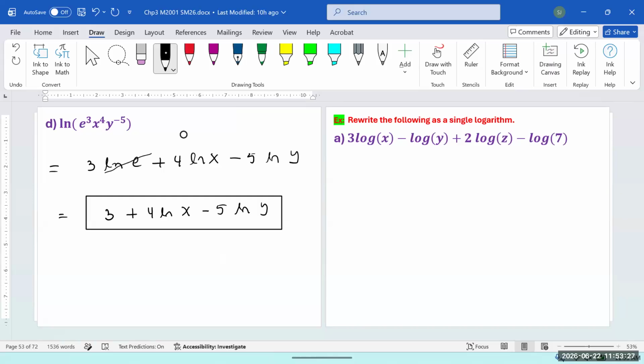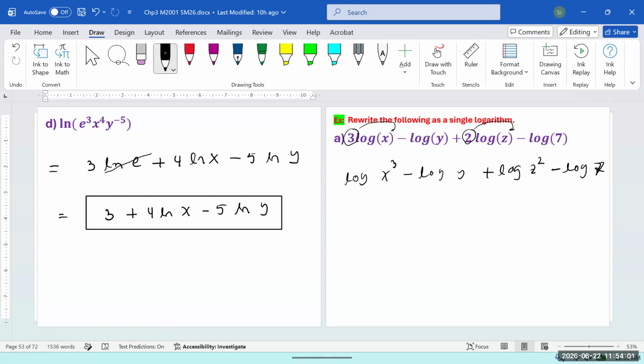So first of all, we cannot have any coefficients. The coefficient turns into a power. So we'll move this 3 here as a power. We are going to move this 2 here as a power. So we have log of x minus log of y plus log of z squared minus log 7. Log x cubed, thank you.